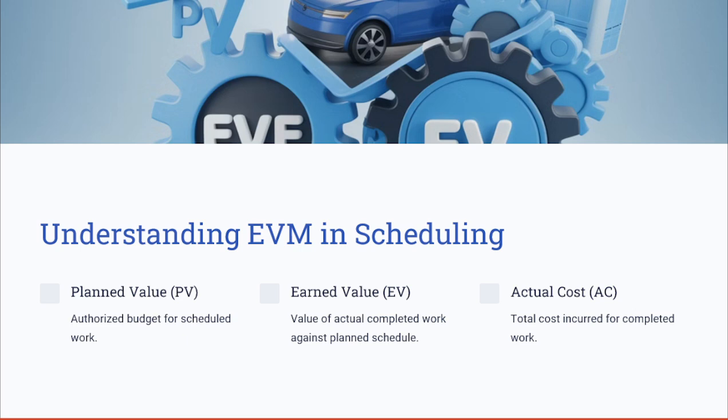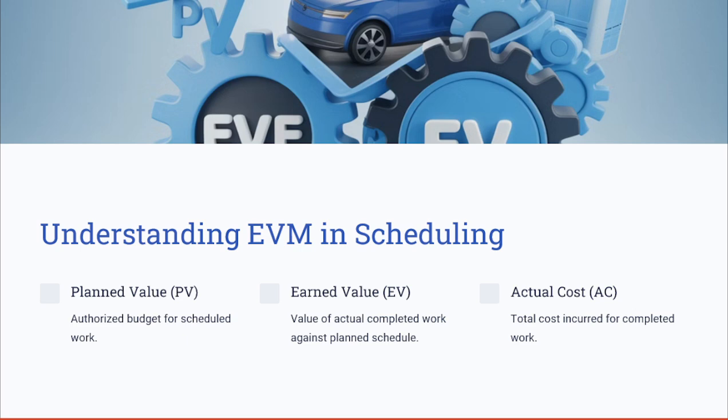And when the SPI is equal to one, it means that the project is exactly on schedule. So remember how to interpret and read these results to understand what to do at the project if it's delayed or if it's ahead of schedule.